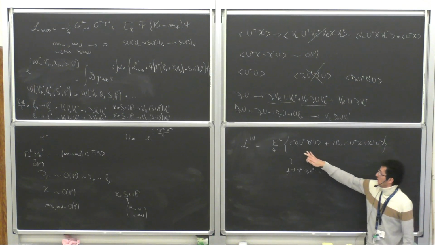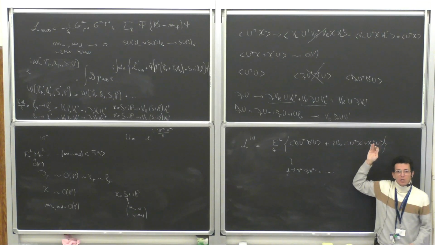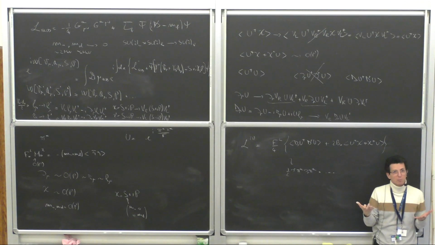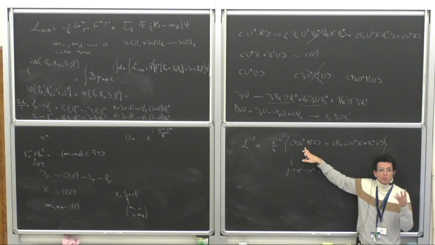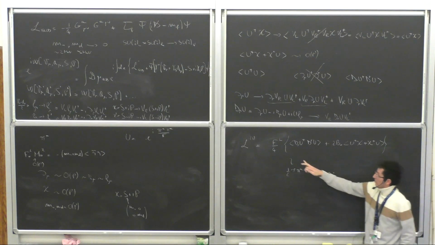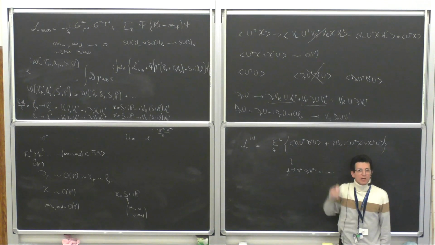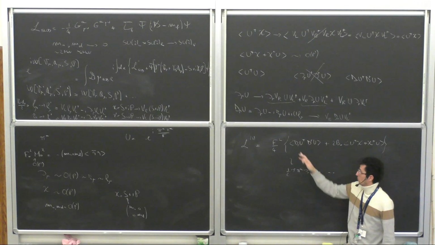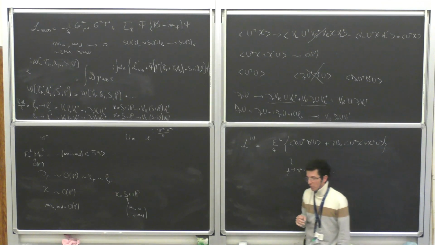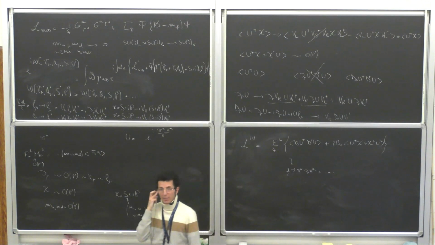So this lowest order Lagrangian already contains interactions. For instance, it can describe pion-pion scattering, because there are vertices here with 4 pion fields. So I have explained why there is this factor f squared in front of everything, so that the kinetic term of the pions is canonically normalized.